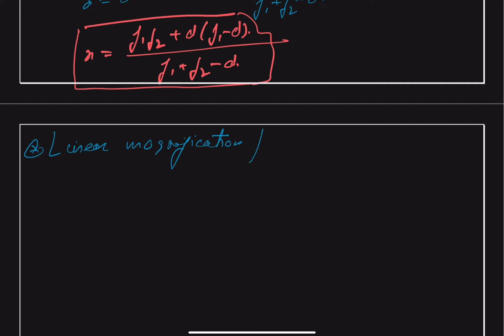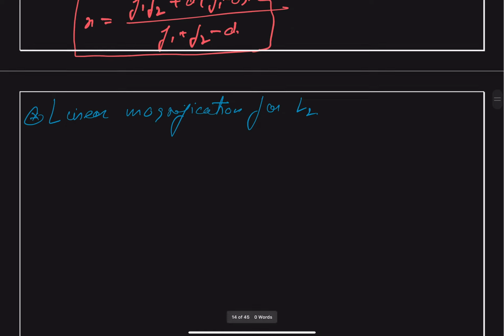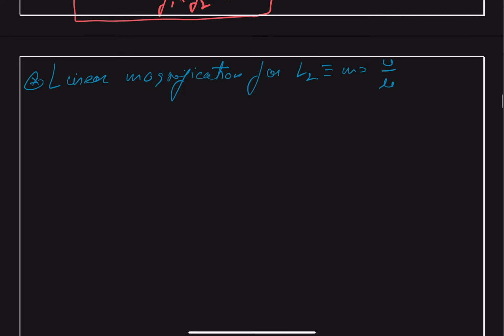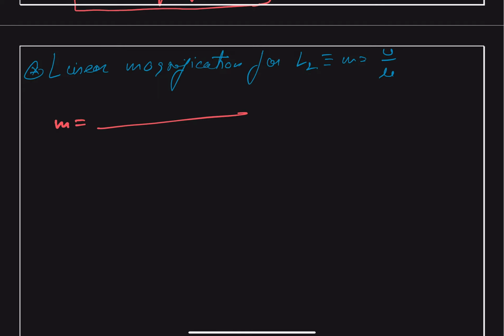Linear magnification for L2, which is given as m, and m will be equal to v upon u. So therefore we can write m is equal to v, which we just found out is f2 multiplied by f1 minus d, denominator is f1 plus f2 minus d, and our u is f1 minus d.